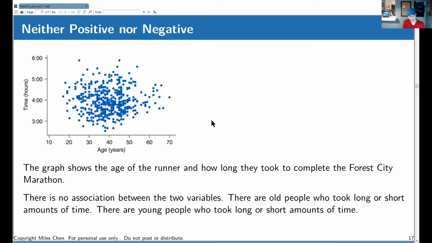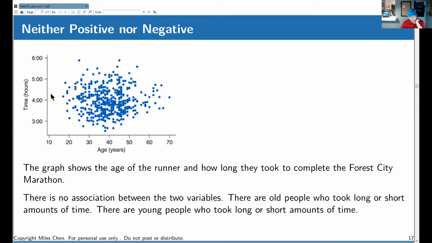And then if it's neither positive nor negative, you might have something like this. Here is some data where we're looking at a bunch of marathon runners, and we're looking at the age of the runner and how long it took for them to complete the marathon. The marathon is 26.2 miles.